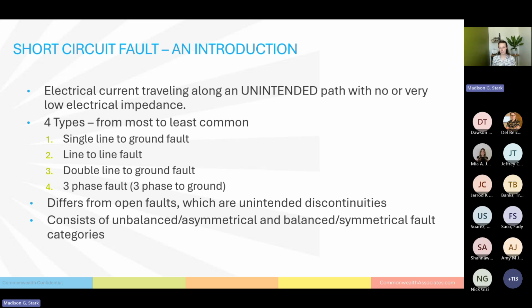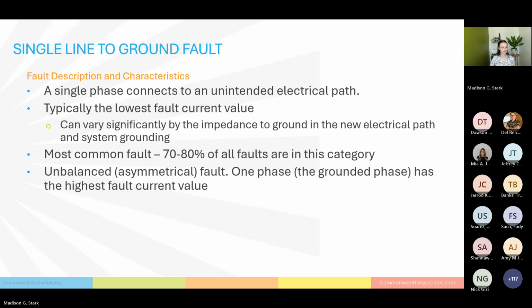The reason it's broken down this way is that the calculations for short circuit values are different based on the symmetry of the fault itself. Of note, the faults we're going to be talking about today are for 3-phase systems. We operate mostly in the 3-phase world, so that's where we're going to be spending most of our time.